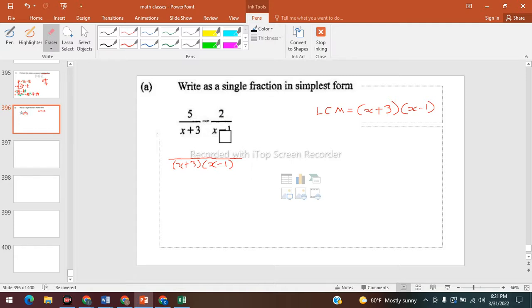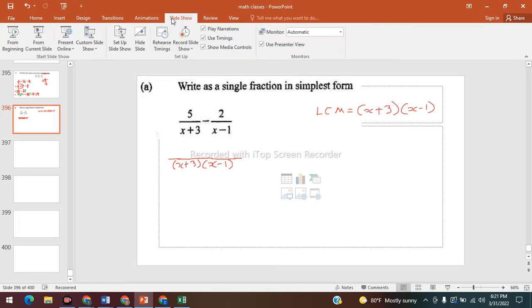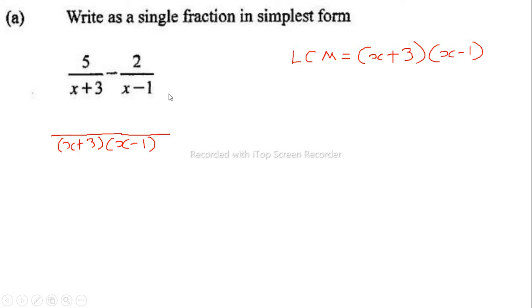What I'm saying is, if we look carefully at this one, x minus 1, what is missing from x minus 1 to give us x plus 3 times x minus 1, or to be equal to our lowest common multiple? Well, we already have x minus 1. The only thing we need is x plus 3. So that means that we have to multiply. You mean for the denominator? For the denominator, yes.